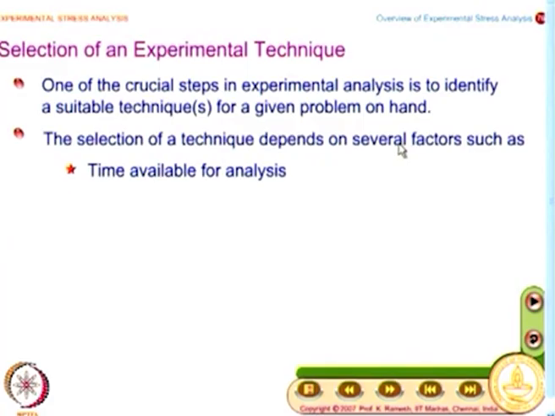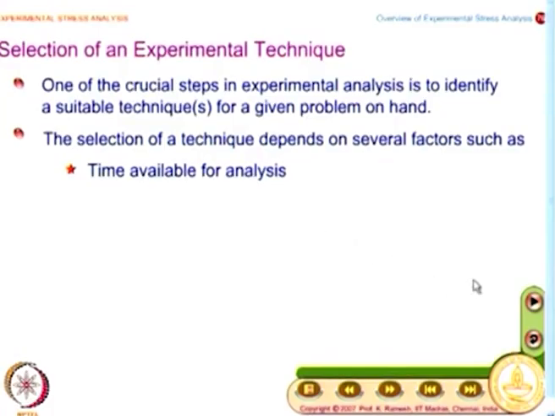One of the first factors is, what is the time available for analysis. If you have time at your disposal, you can take your most elaborate method and then the accurate method and find out the values. But if the time available is short, then you will have to find out which technique is appropriate.